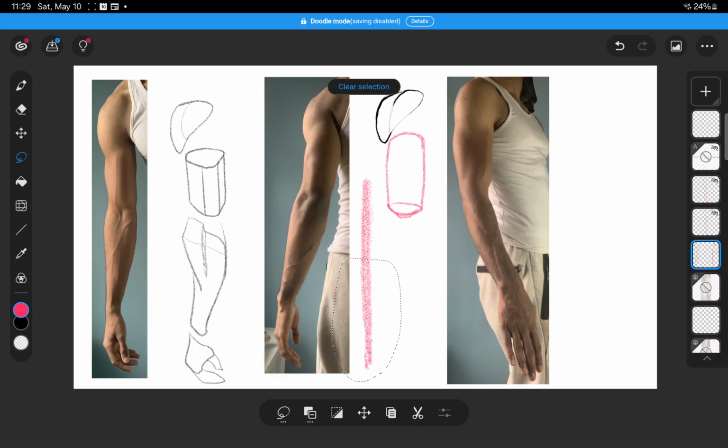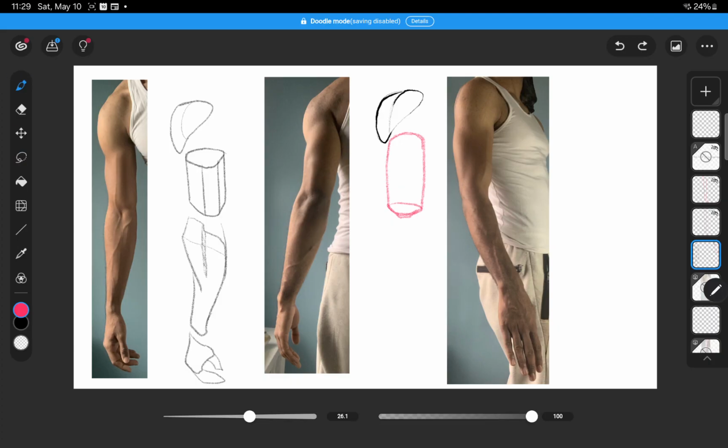Okay, but either way, you understand what I'm trying to convey. It's not like, if this is a bone all the way down from the shoulder, and then the elbow, and then the wrist, it is not that. This is wrong. It's more like shoulder.